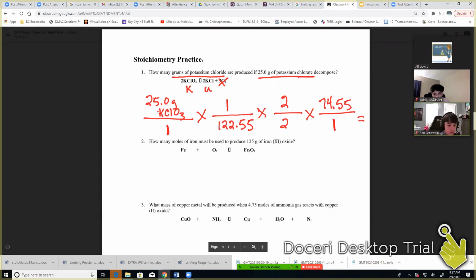So you just do like we were doing. You would do 25 times 2 times 74.55, and then divide by what you have on the bottom.